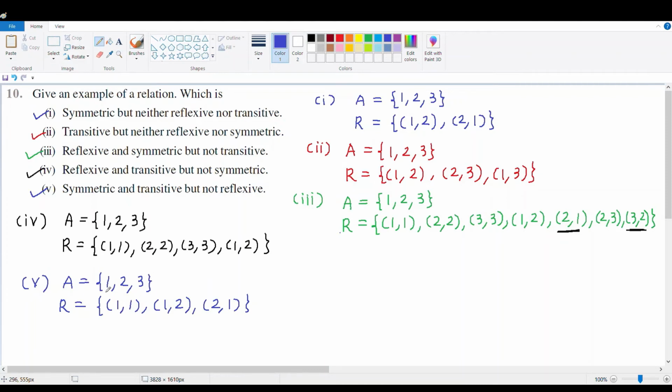We have 3 in our set A, and we don't have 3, 3 in here, so this is not reflexive. By seeing 1, 1, we cannot say that it is reflexive, because for all the a's in A, we must have a, a. We cannot see 2, 2 or 3, 3, so it is not reflexive. This is the example for number 5.